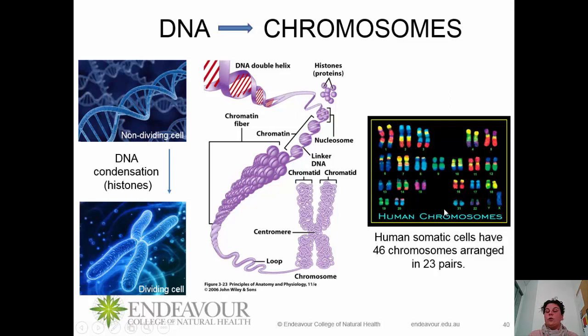So 46 chromosomes is what you have in each of your cells, except in your reproductive cells. We'll talk about that when we start talking about cell division. So each somatic cell, which is every cell other than a reproductive cell in your body, will contain 46 chromosomes arranged in 23 pairs.